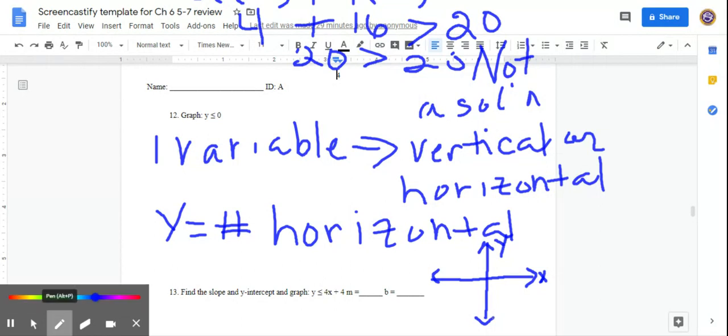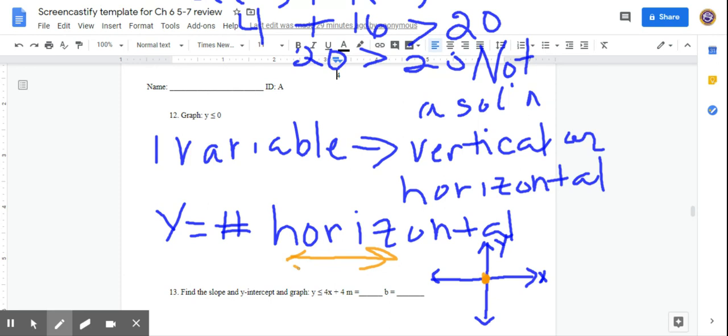Well, y equals 0 at the origin. Where else does y equal 0? Everywhere on the x-axis, because remember, it's a horizontal line. So we're going to draw a horizontal line.